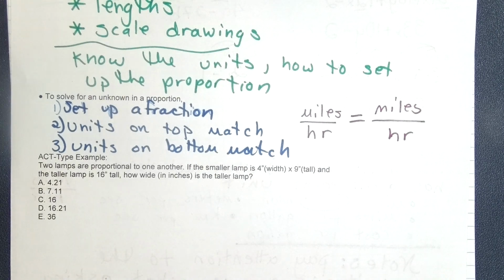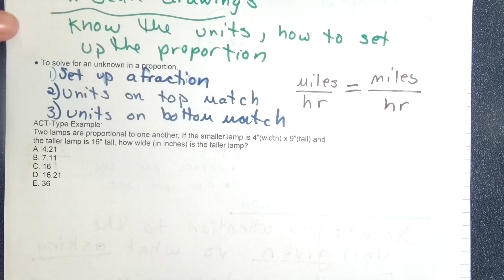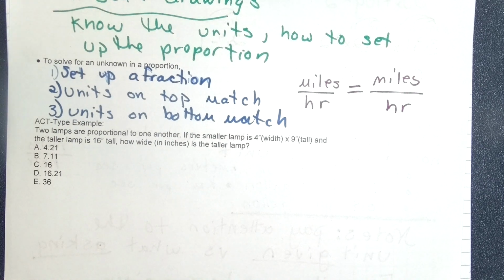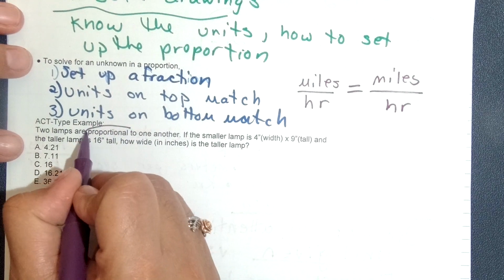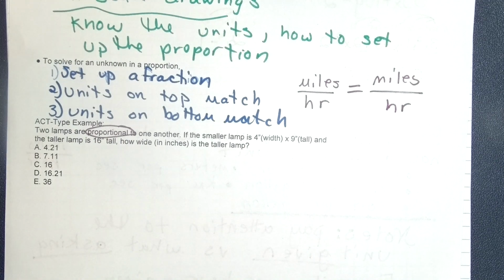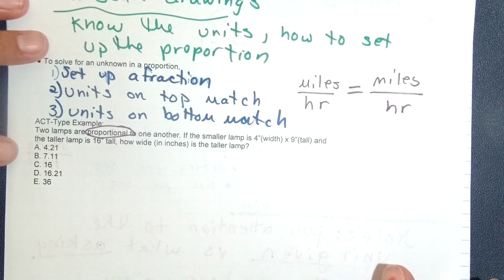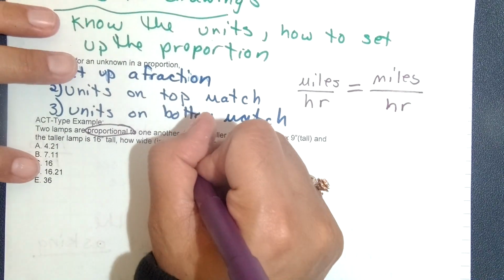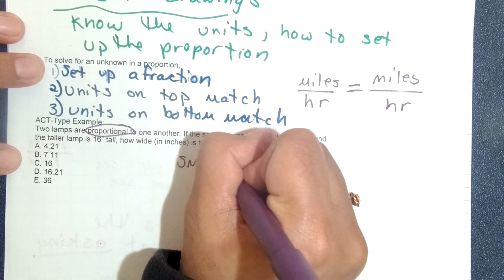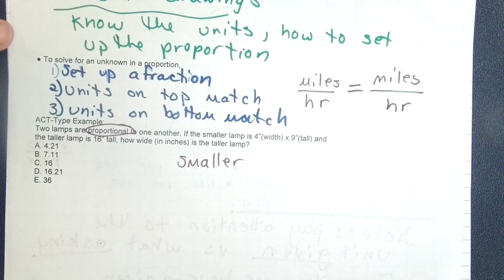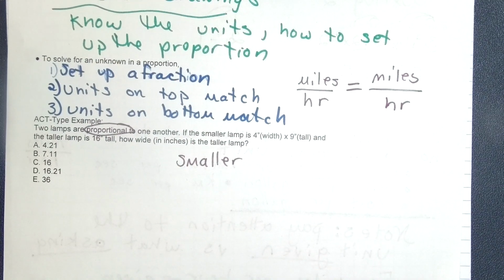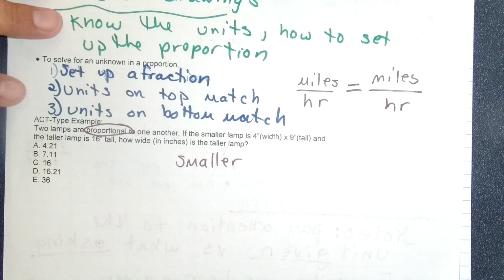All right. So let's look at this example. We have two lamps that are proportional to one another, meaning that they may be different sizes, but the ratio is the same. The smaller lamp. I just like to write words for math, so it's easier for me to set up.